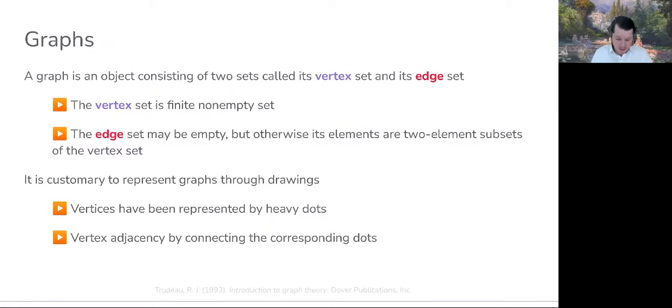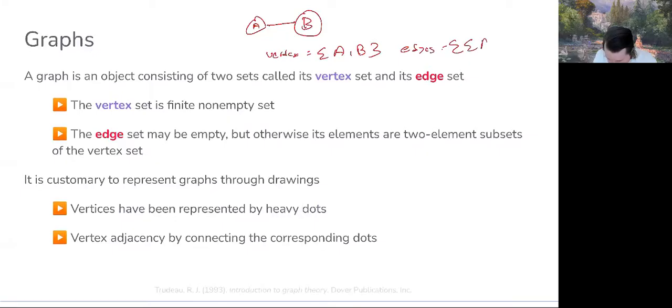So if we had something like a graph, say A, B, our vertex set would be A, B. Our edge set would be the set of A, B as such. It's going to be customary to represent graphs through drawings, kind of as we did here.